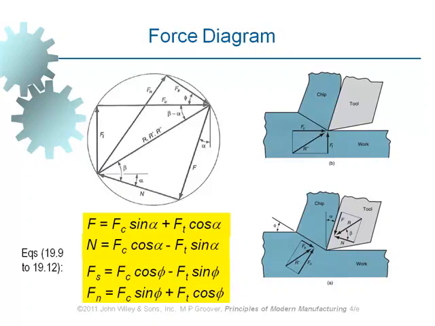So, if we can measure Ft and Fc and we are provided with alpha and phi, then by making use of these equations which result from this figure, we are able to estimate the magnitude of F, N, Fs, and Fn. We got that? That's the way of estimating the magnitude of Fn, Fs, and Fn, which cannot be directly measured in an operation.